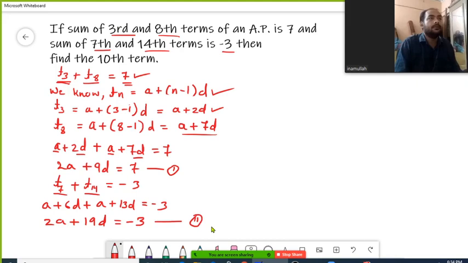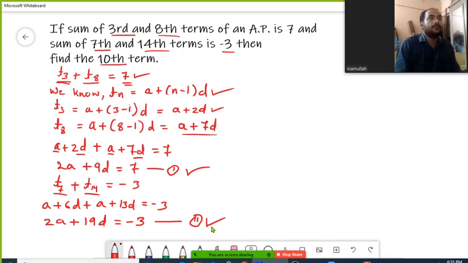Now we have two equations. 2A plus 9D is 7 and the second equation 2A plus 19D is minus 3. We can solve these two equations to find the values of A and D. But before that, we need to evaluate what we need to calculate. We need to calculate the 10th term.